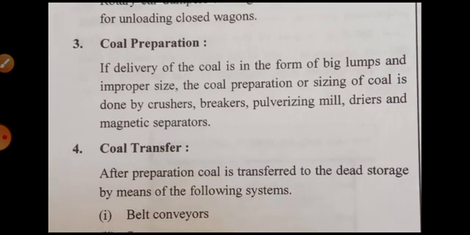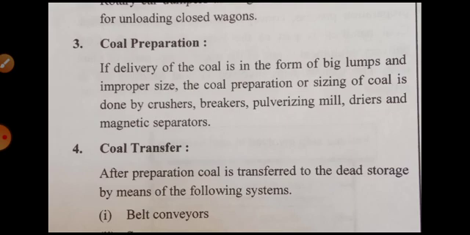Now coal preparation. If delivery of coal is in the form of big lumps and improper size, the coal preparation or sizing of coal is done by crusher, breaker, pulverizing mill, dryer and magnetic separator. We are going to discuss all these topics in a further lecture, but let me give you an overall view.